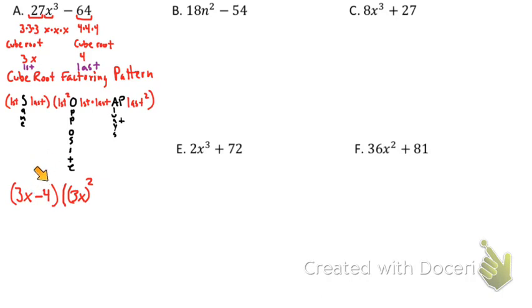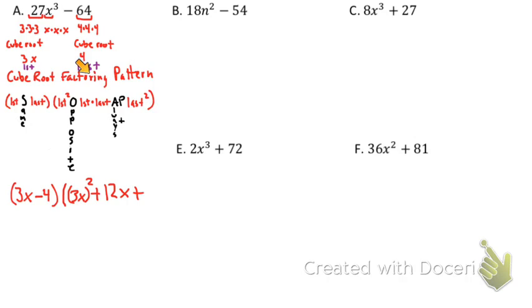It was negative, so the opposite of that is positive. The next thing we're going to do is multiply our first times our last. So 3x times 4 gives you 12x. And then our sign is always positive, so we put a plus sign.